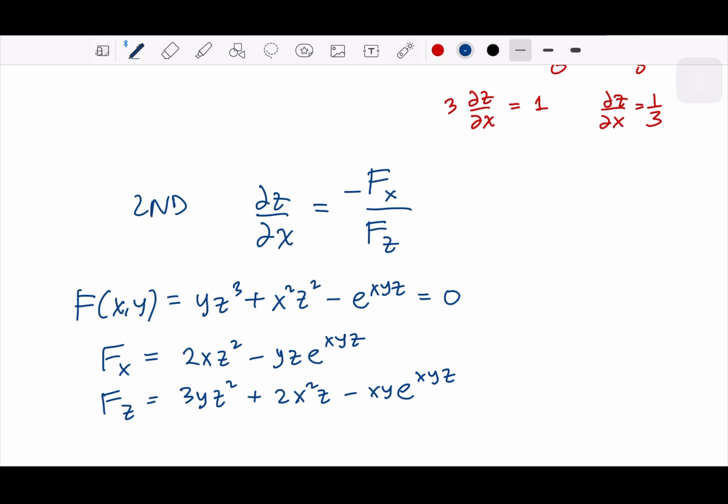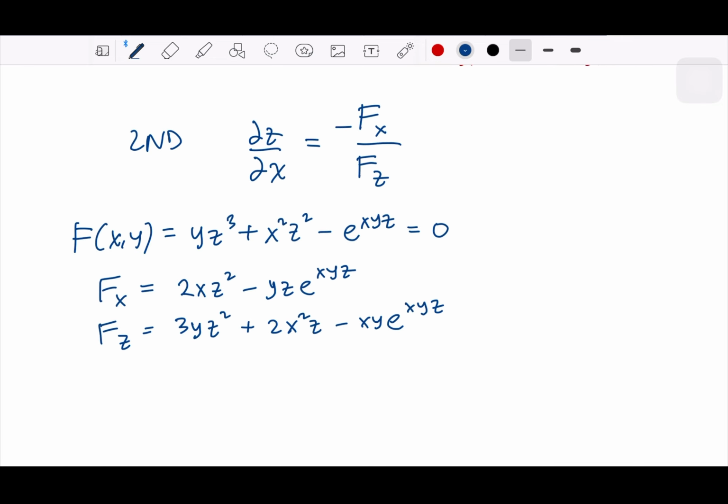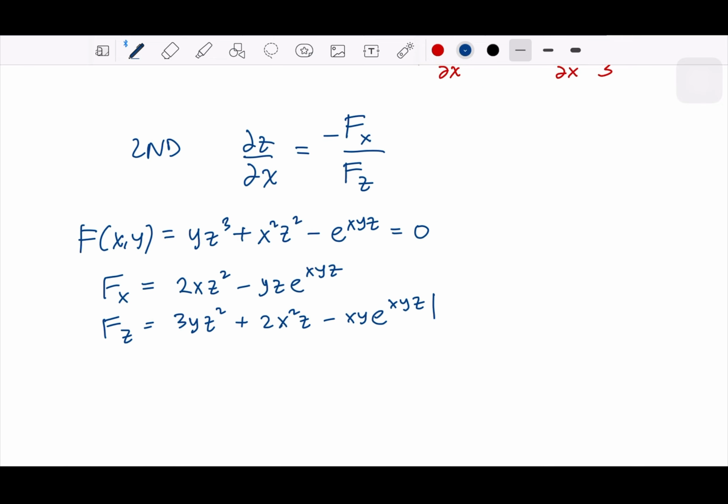Okay, and we check by inputting all the numbers, 0, 1, 1. Now the partial with respect to x: this will be 0, this will be 0, so it will be -1.